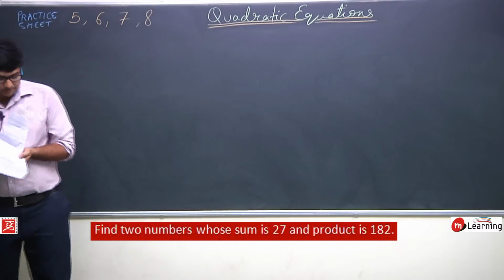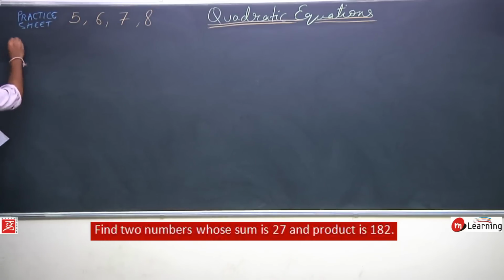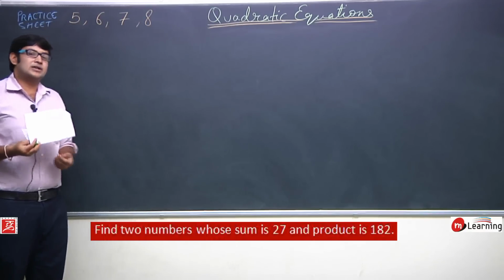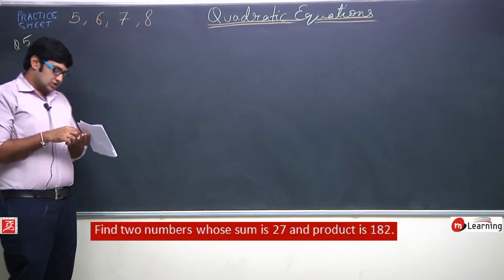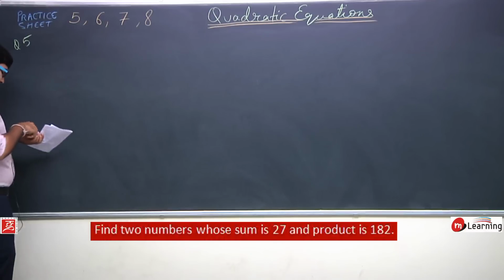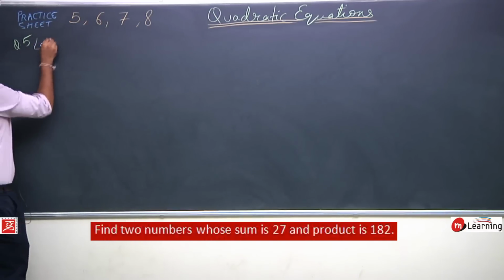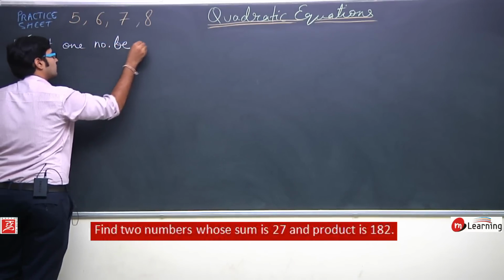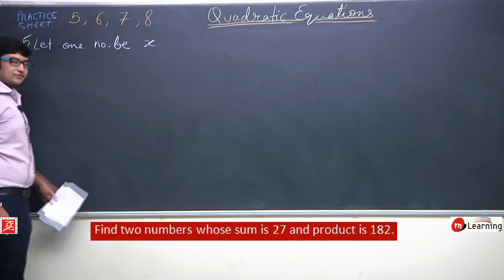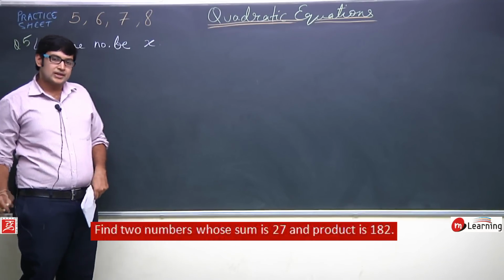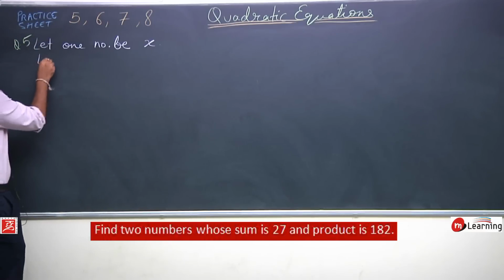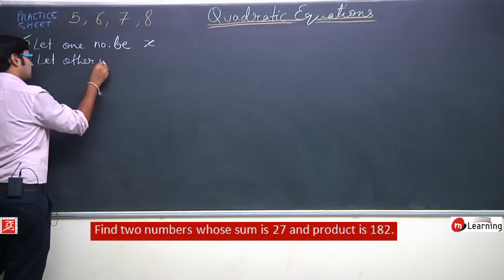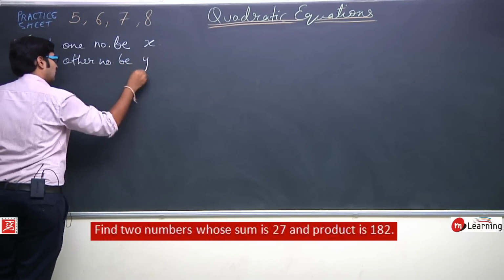So question number 5, we have two numbers in this question. The two numbers have a sum of 27. So I will say let one number be x. Okay, let us say the first number is x and let the other number be y.